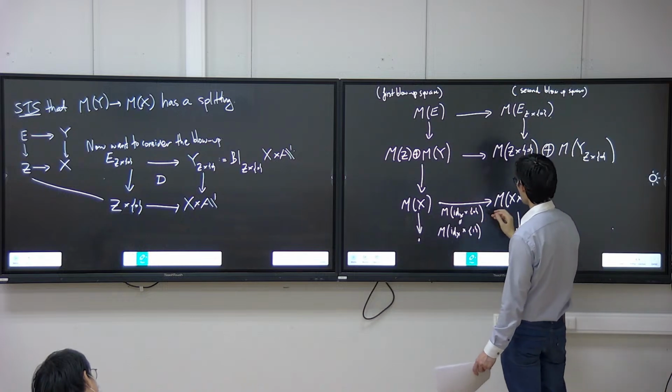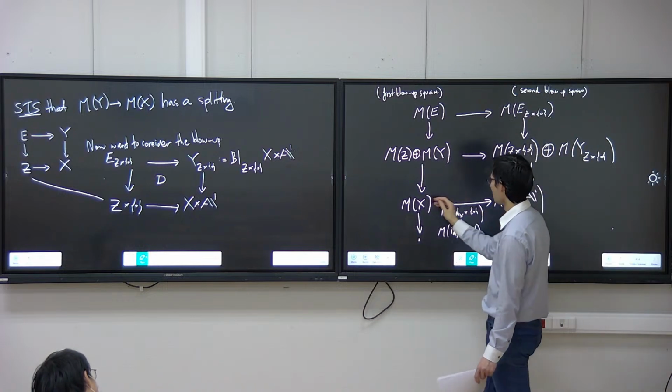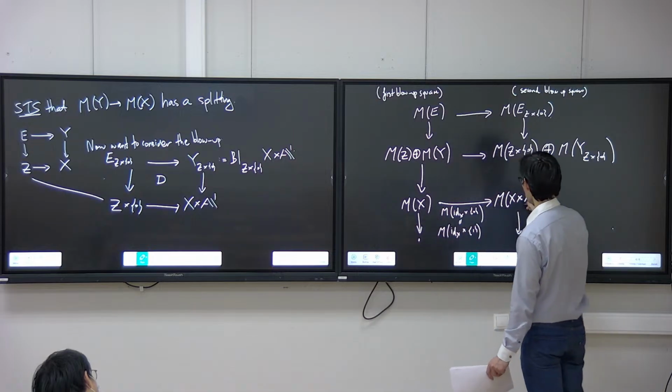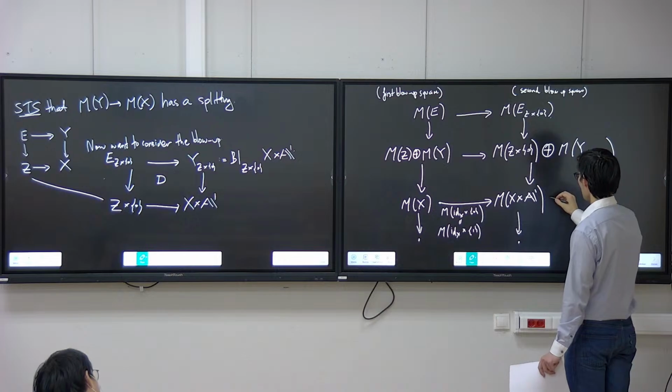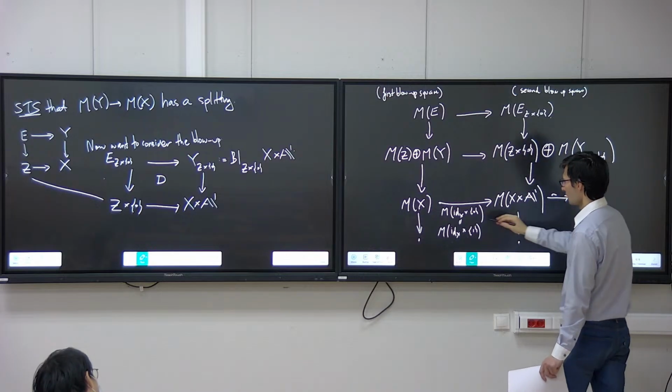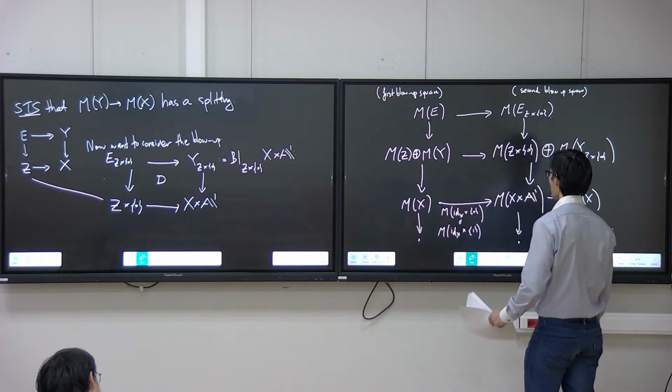The composition of this will just give us the identity morphism on M of X, right? We have the natural projection to M of X. This is just an isomorphism. So these two maps give the same thing.